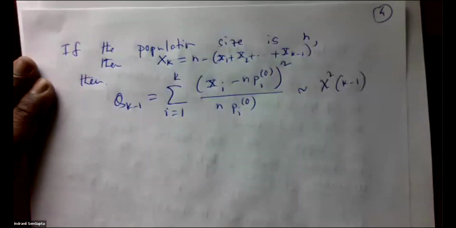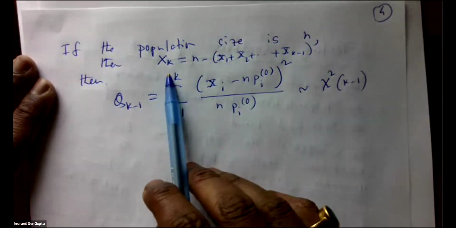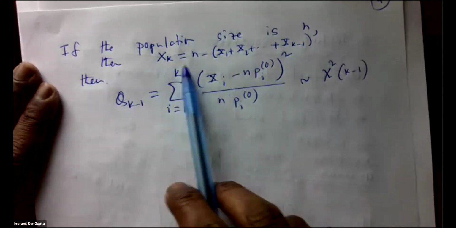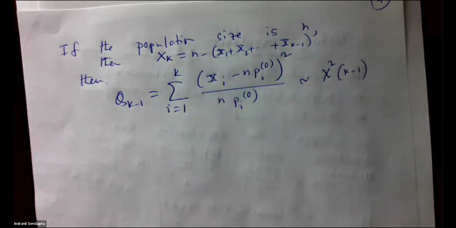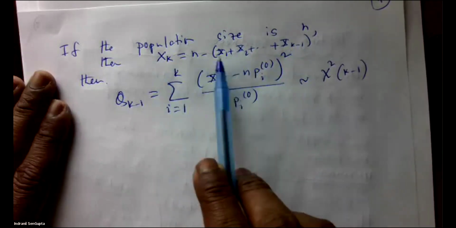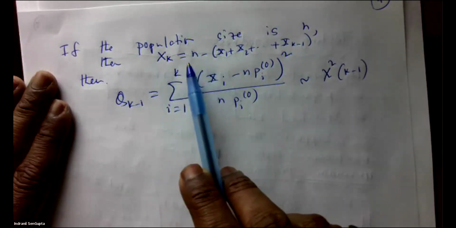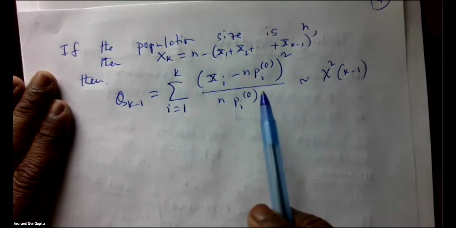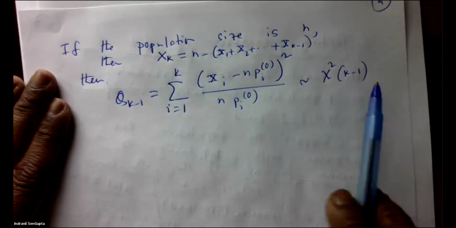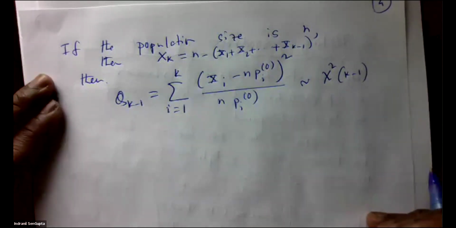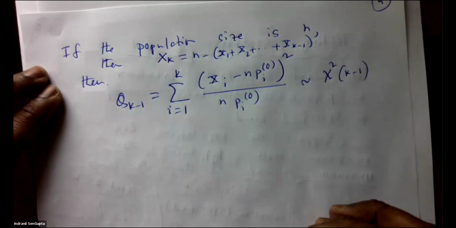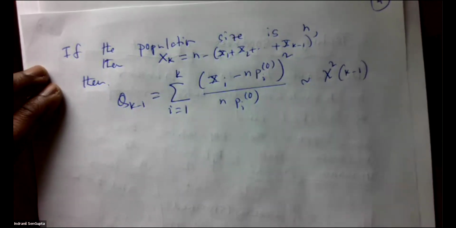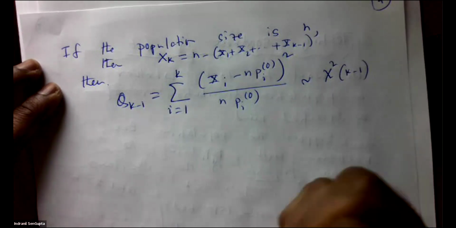Remember, this is the classic setup of the chi-square. The last one is dependent on all the first ones. The first k minus 1 are independent, but the last one is basically n minus that sum. And that's why it has k minus 1 degrees of freedom. Again, we didn't formally prove it, but it can be done. Okay, so that is the quantity we're talking about.